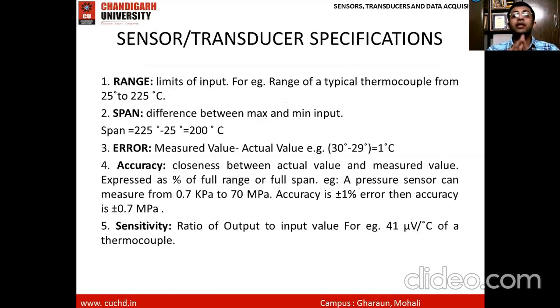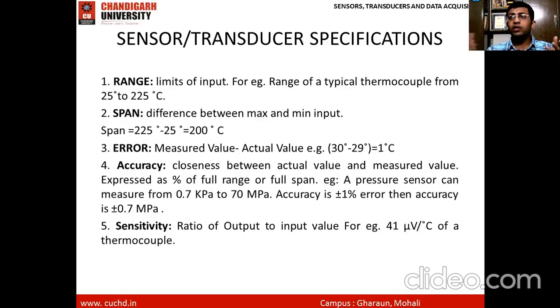Okay. Next is sensor and transducer specifications. Very, very important parameters. You should be aware of these parameters of any sensor you are working on, because this subject will help you a lot when you are designing projects, when you go for internship, when you are doing training, when you're designing mini projects, major projects.